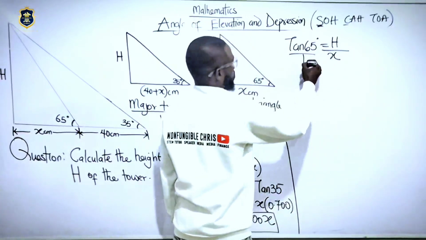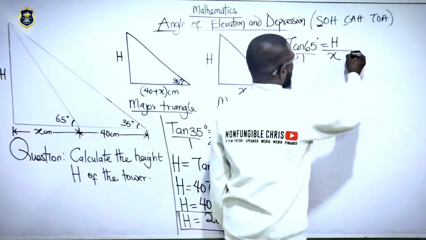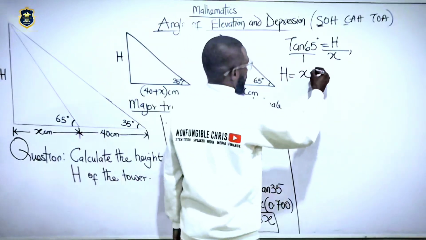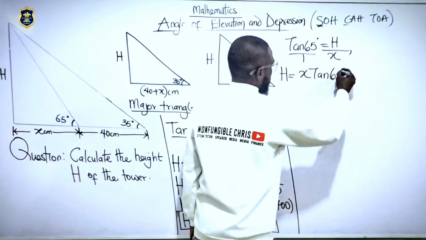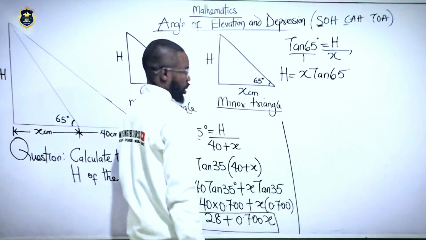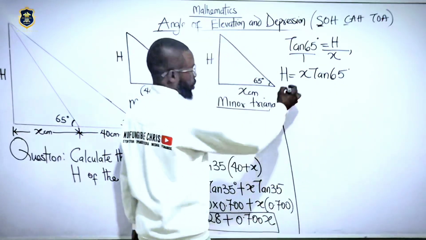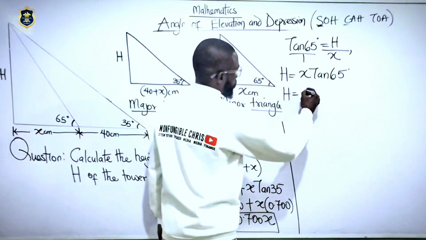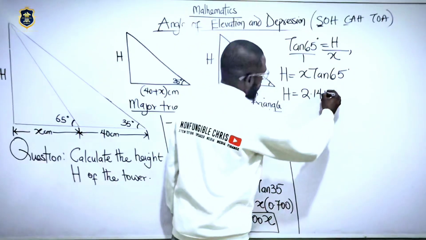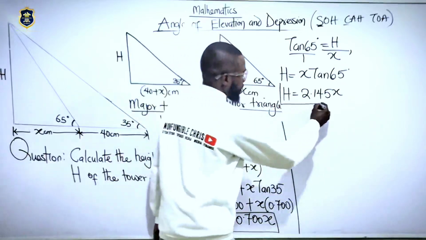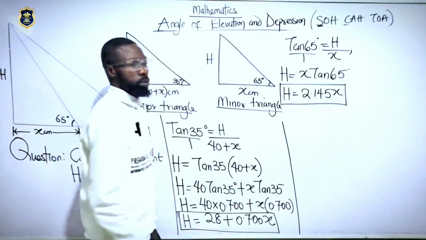If we cross multiply, we're going to have h as x tan 65 degrees. So let's use our calculator. What is tan 65? In the calculator we have 2.145x. So that's the relation for the minor triangle.